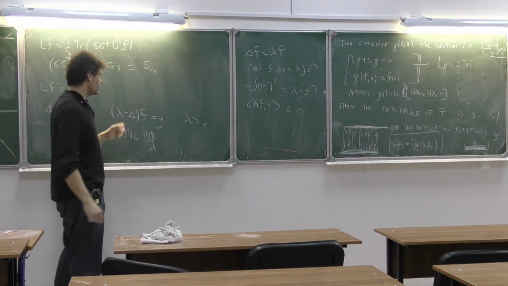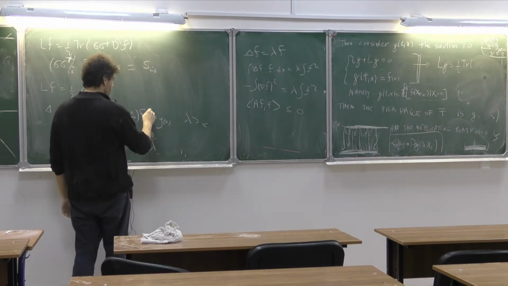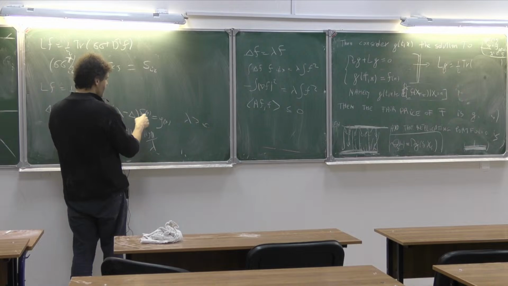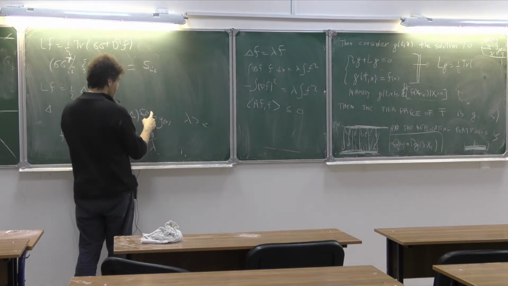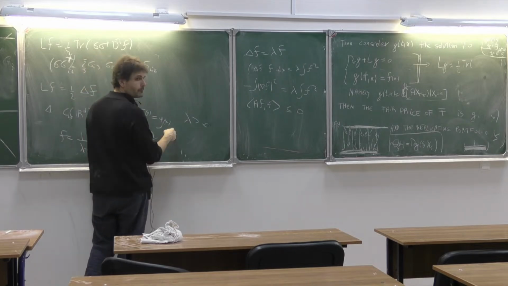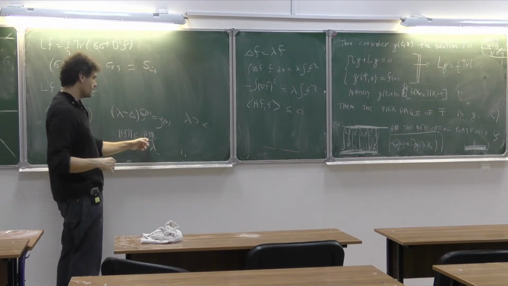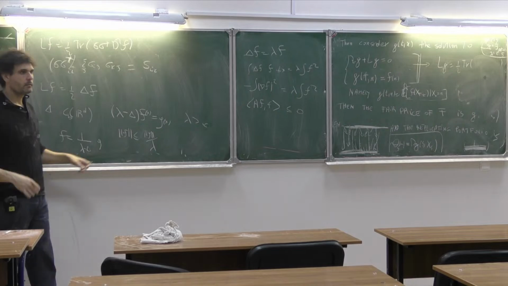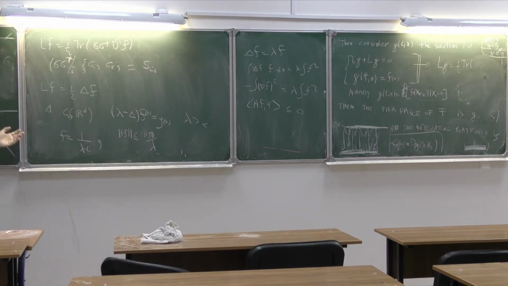So if x is the minimum of f, then lambda f at the minimum will be positive. So the minimum of f will be more than the minimum of g over lambda, and the maximum will be less. This tells us that the norm of f will be less than the norm of g over lambda. So in any way you consider the Laplacian, it will be a negative operator.